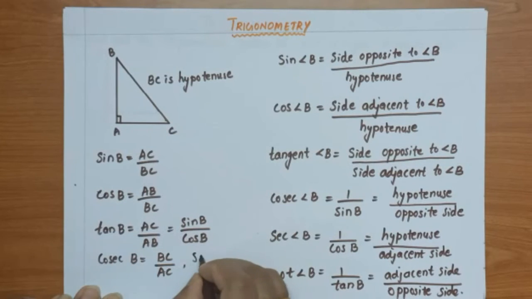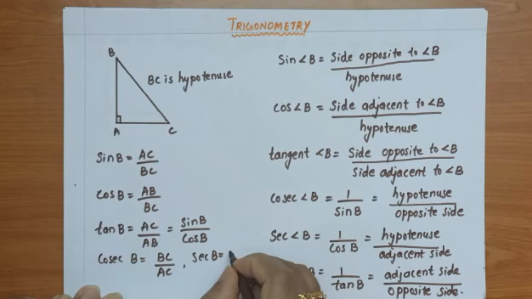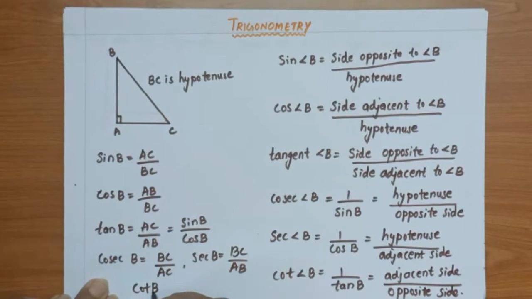Then sec B equal to inverse of cos B, that is BC by AB. Then cot B equal to inverse of tan B, that is AB by AC, or another way cos B by sin B. So these are the trigonometric ratios of B.